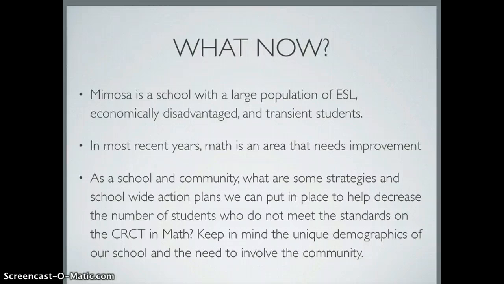So what do we do about this now? We've already looked at all of our graphs and our data, and we've hopefully analyzed it as you are sitting together with your groups. So what can we do about it now? Mimosa, we know, has a very large population in general, but we also have a large population of ESL students, economically disadvantaged students, and transient students.